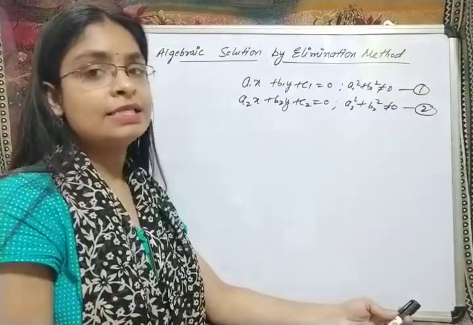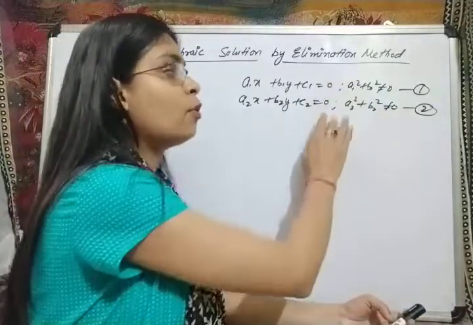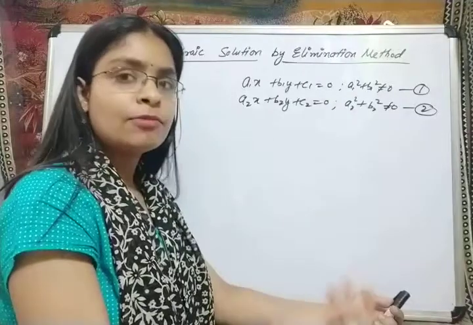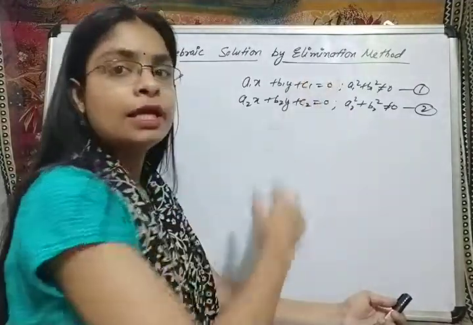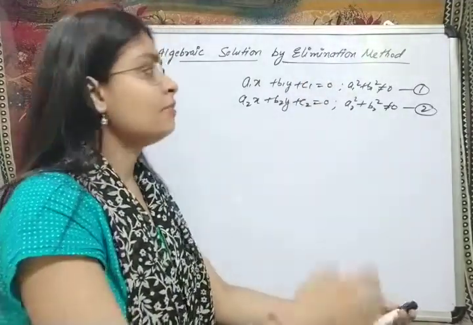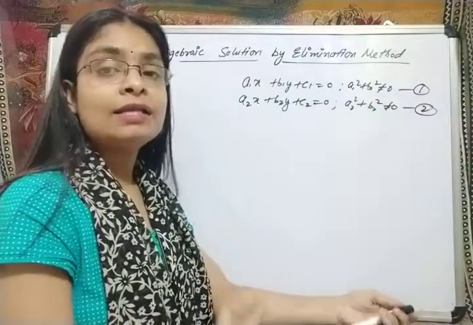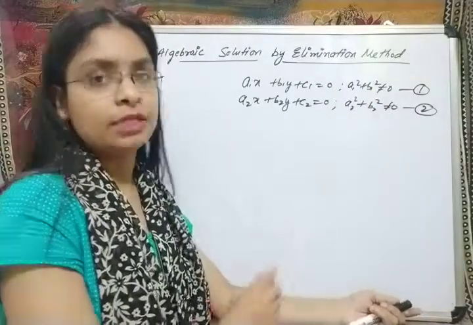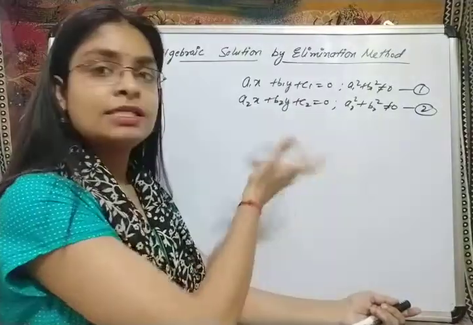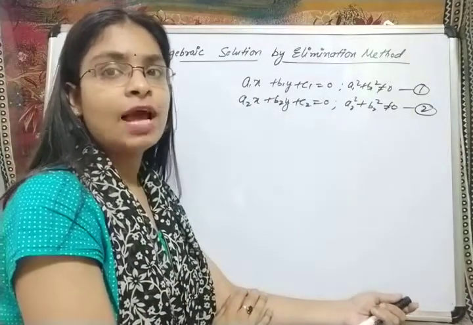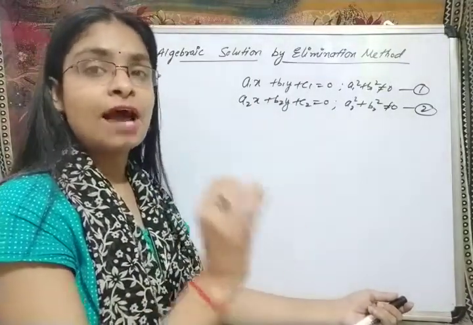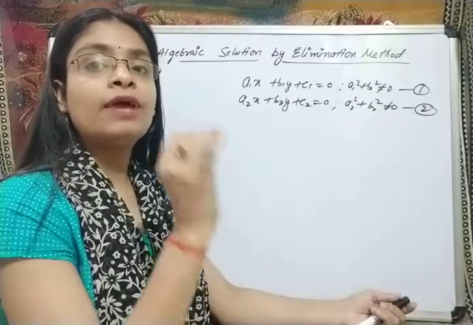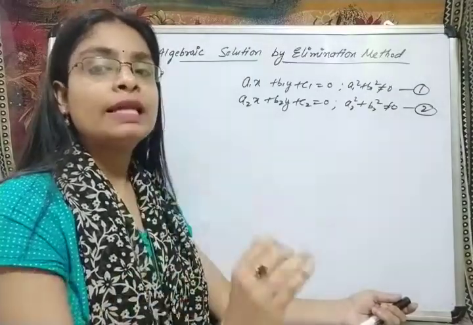And it is not necessary that we always have to multiply both the equations. In some cases we need to multiply both the equations. In some cases we need to multiply only one equation. And in some cases we don't need to multiply by any constant, because we can see that it is the same already. The main purpose is to make the coefficient of any one variable numerically equal.